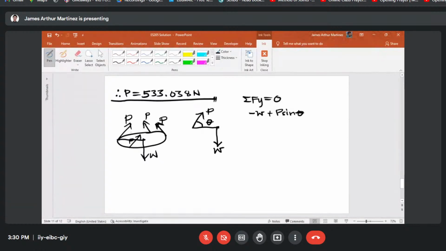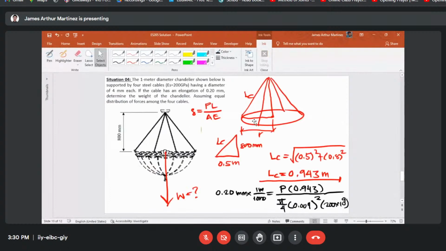But since you have 4 P, multiply it by 4, because four cables resist the weight W. We have this equation and since P is computed, we still don't have angle theta to solve for W. How do we determine angle theta?